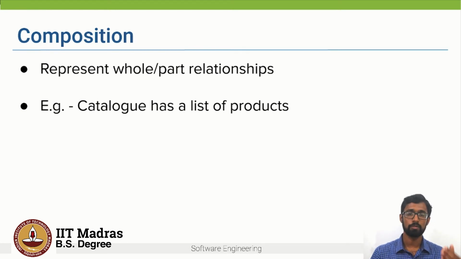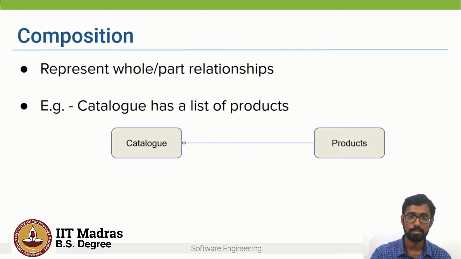So in the seller portal, a catalog will contain a set of products, and it is represented in this manner. Here you can see that products is a set of products. They constitute a single catalog.